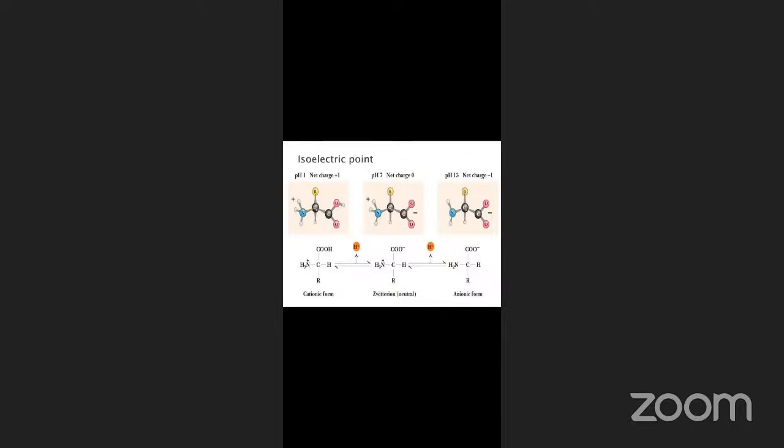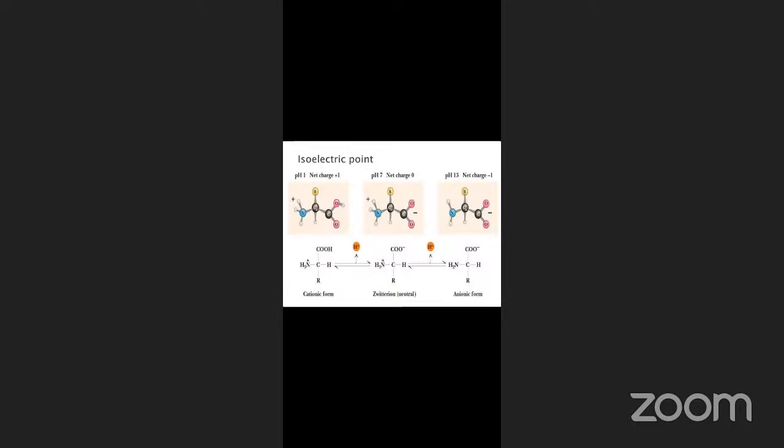When the pH is raised to 7, that is neutral pH, a proton is removed from COOH. And now you have NH3 plus COO minus. One positive, one negative. So it will become neutral. So this is zwitterion. That means at pH 7, this particular amino acid is existing as zwitterion.